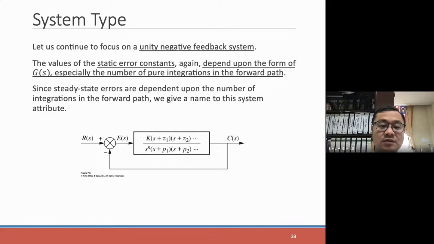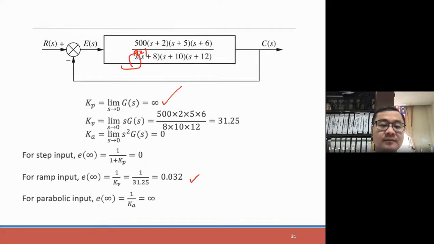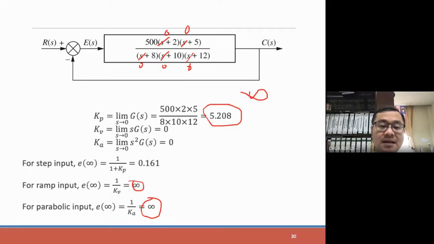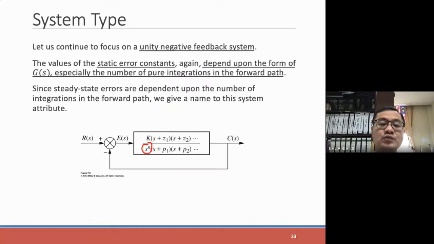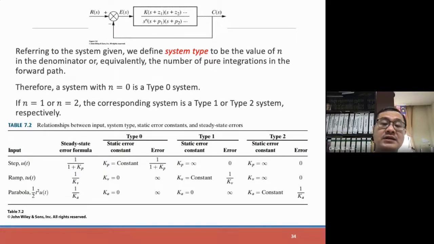So this is what we define as a system type. For a feedback system, from n equals 0, n equals 1, n equals 2, we define this as the system type.